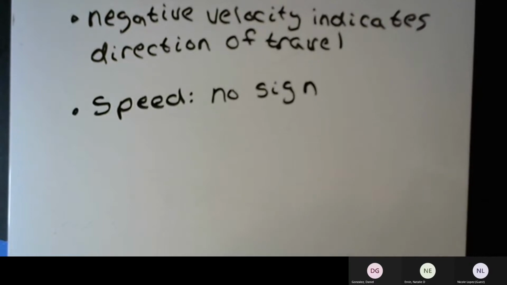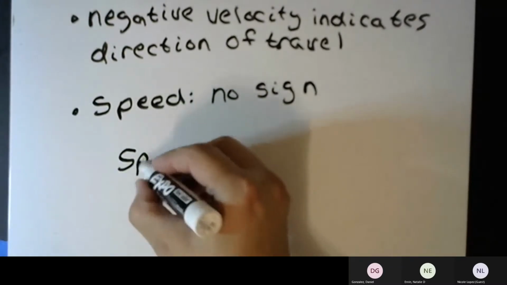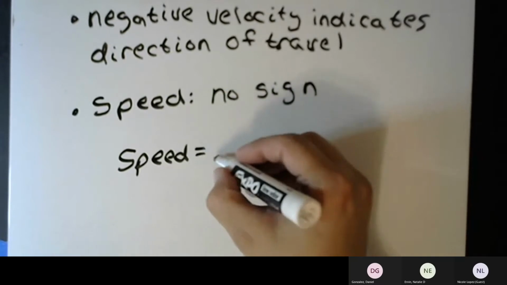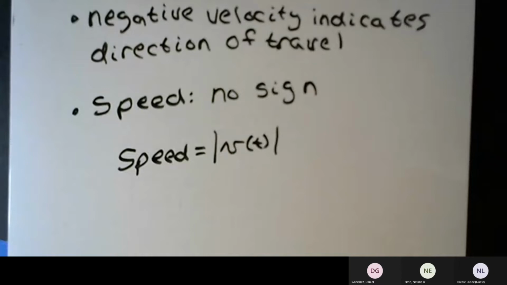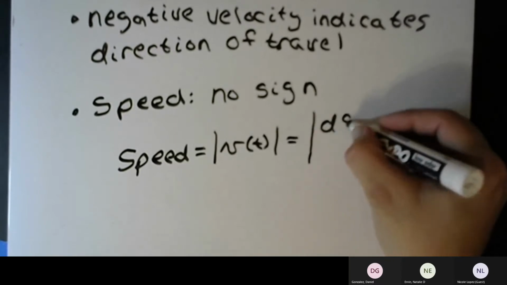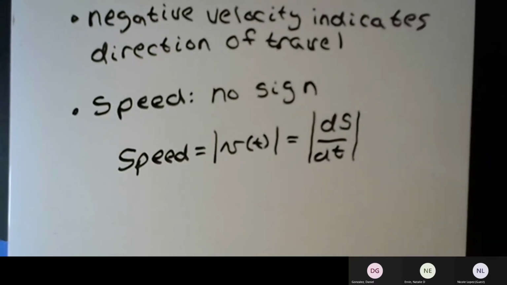We just want to know your speed. So when you talk about driving in a car, when you look at your speedometer, it's always telling your speed. It's not telling your velocity. So speed is the absolute value of velocity, or the absolute value of the derivative of the position function.